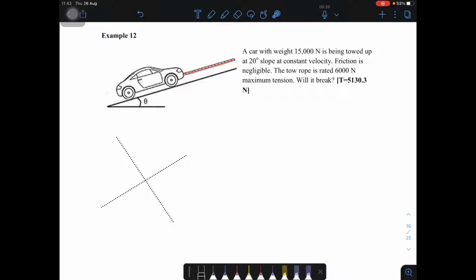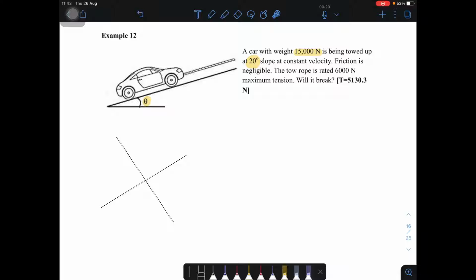connected with a rope. Okay, so we have the mass of the car. Okay, it's not the mass, it's the weight of the car, 15,000 Newton. And then given the angle 20 degree here. And then it is given, it is moved with constant velocity.